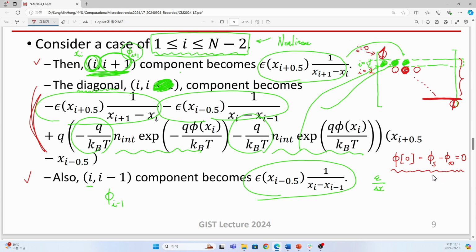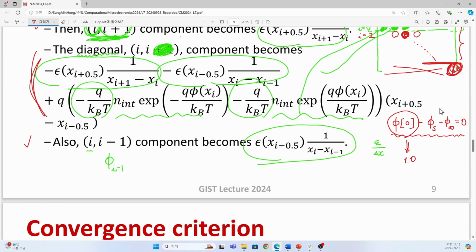So when we take a partial derivative with respect to the first one, it will give us just the number 1.0 as the diagonal component, and all the others disappear. Following the same manner, we will have 1.0 at this last diagonal component and nothing in here. Okay, so I hope that this can give you some feeling about how you can fill out the Jacobian matrix.